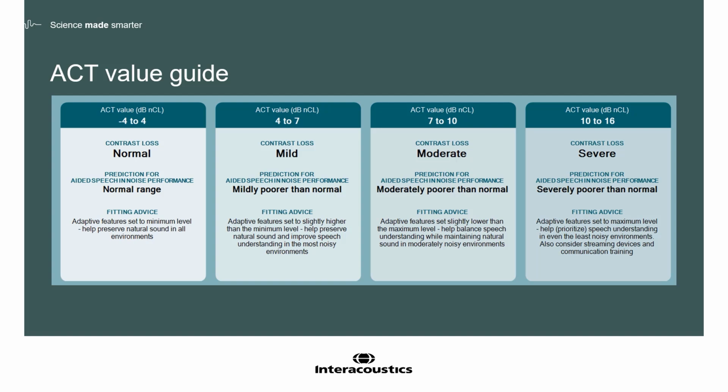So the recommendation for these patients is to pull back on those advanced help and noise features. Those patients are doing just fine at detecting speech and noise without extra help. On the other hand, with a higher ACT value, you'll want to do the opposite and increase those advanced features. Perhaps recommend some additional accessories for that patient from the very beginning.